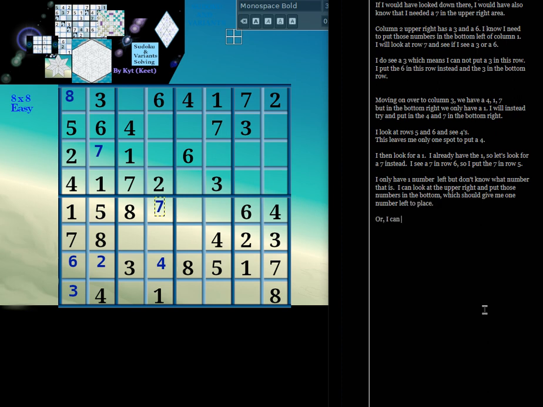Or I can make it more complicated and simply count in numerical order the numbers.